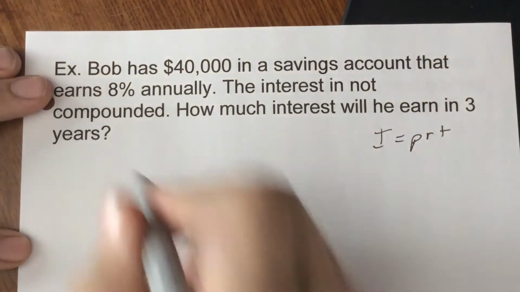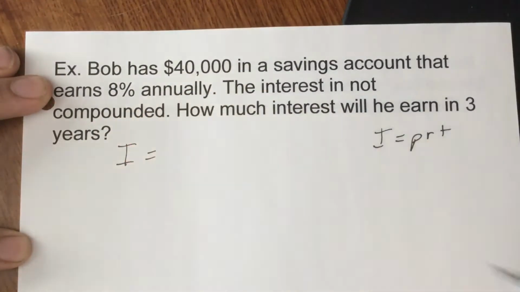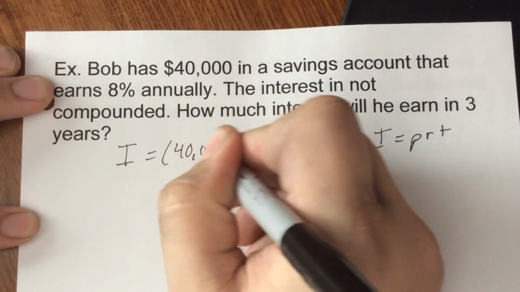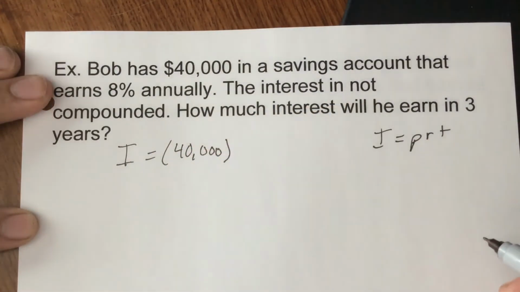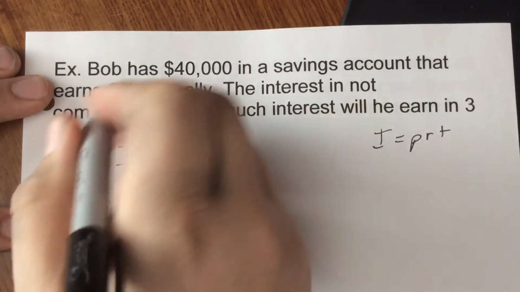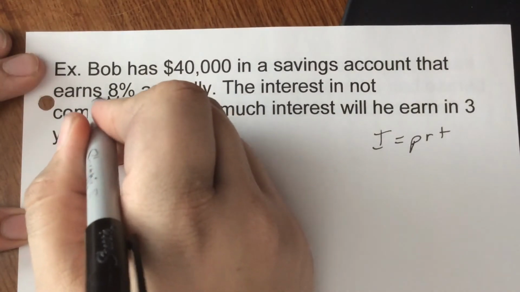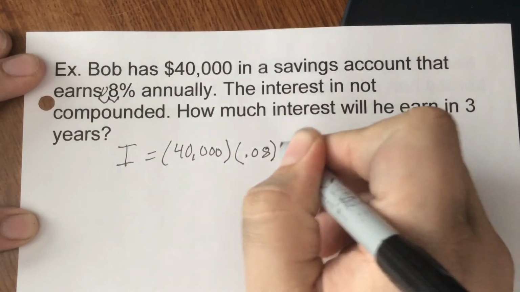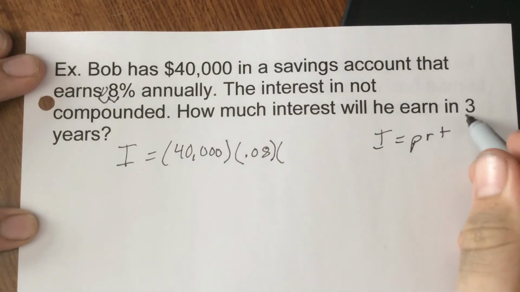So let's start filling this out. I equals. Our principal in this case is $40,000. Our rate is 8%, but again, we have to make it a decimal, so move it 2 places: 0.08. And our time in years is going to be 3.